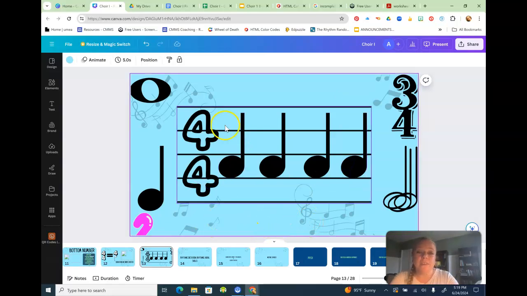So because of that, each quarter note is worth 1 count. Here's a quarter note in the first beat space, in the second beat space, the third beat space, and the fourth beat space. I'm not going to be able to put any other quarter notes in there. I'm not going to be able to put a half note in there or anything else.